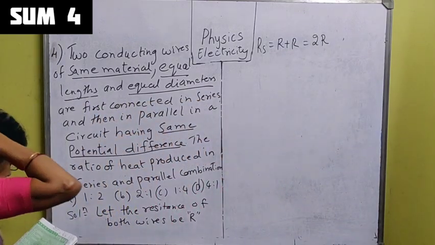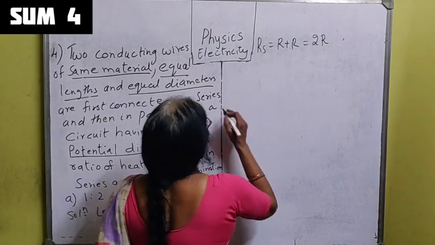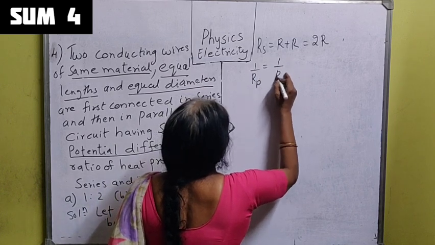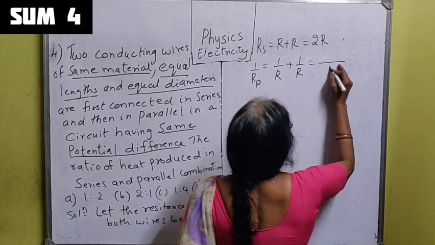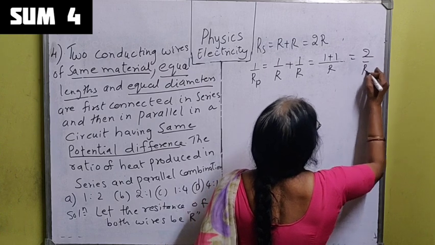Then the same wires are connected in parallel. So what will we get? 1 by Rp is equal to 1 by R plus 1 by R. R is the same denominator, 1 plus 1, you will get 2 by R.